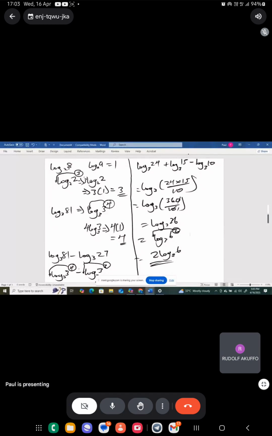It is 1 point something. So therefore we get 2 into brackets 1.6309, and we multiply it by 2 to get our answer, which is 3.2618. Okay.